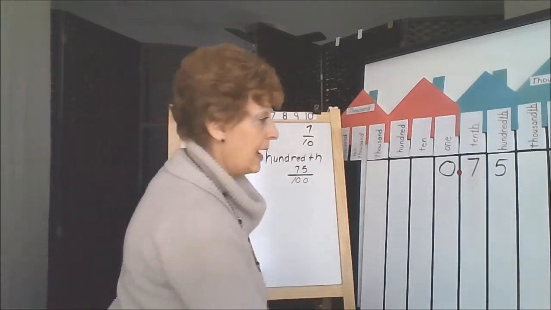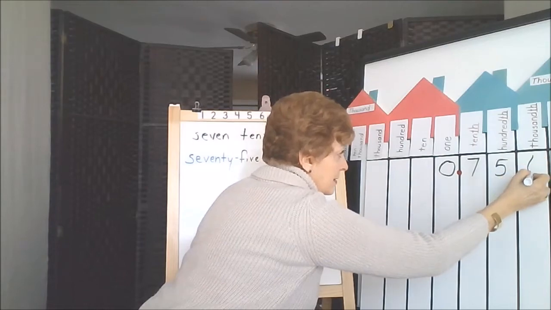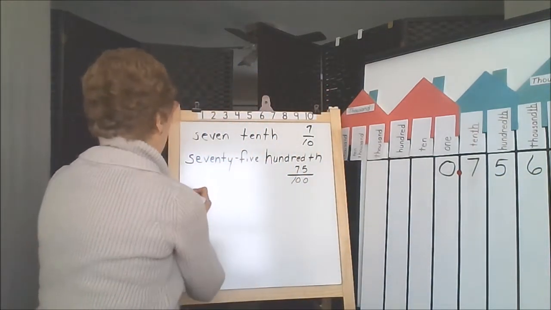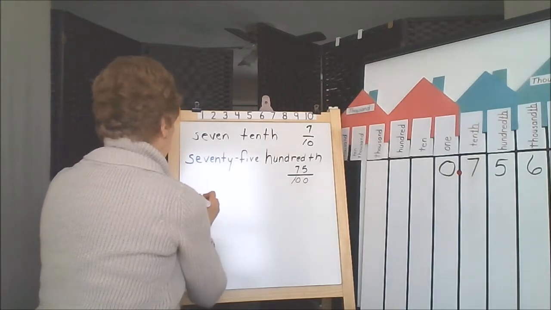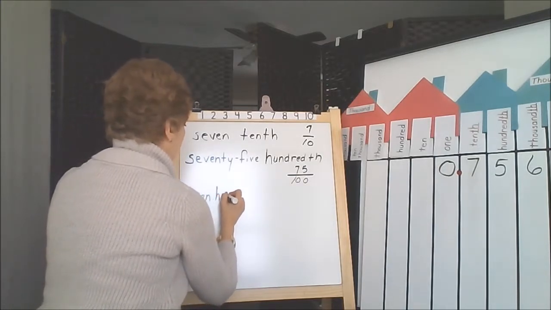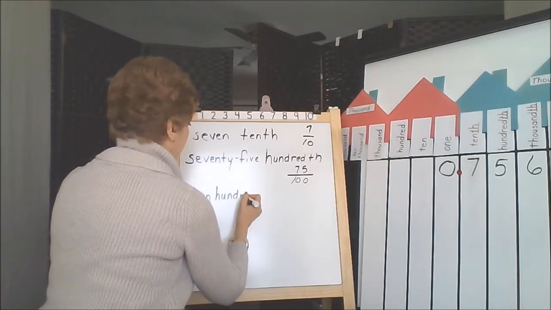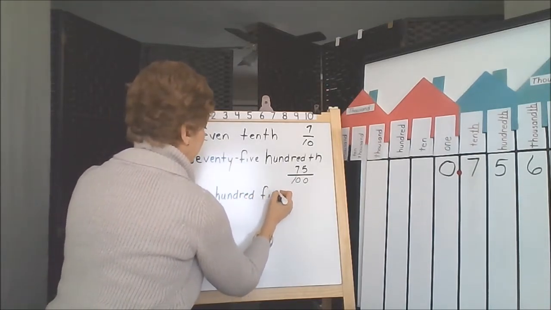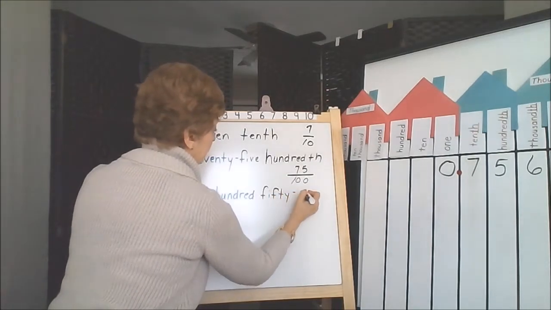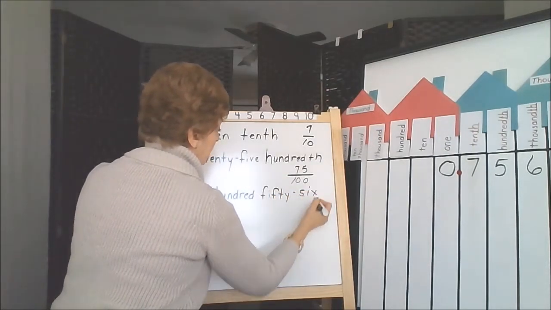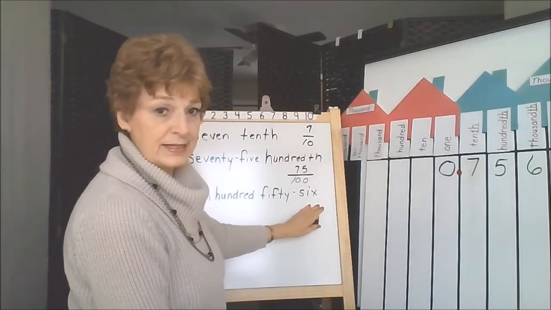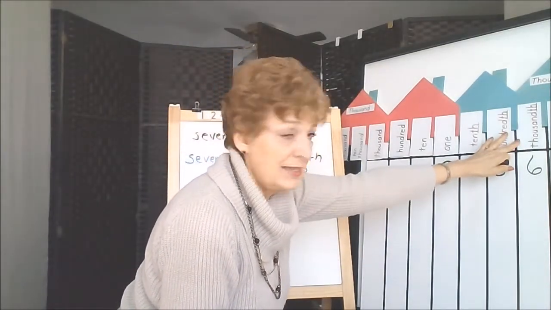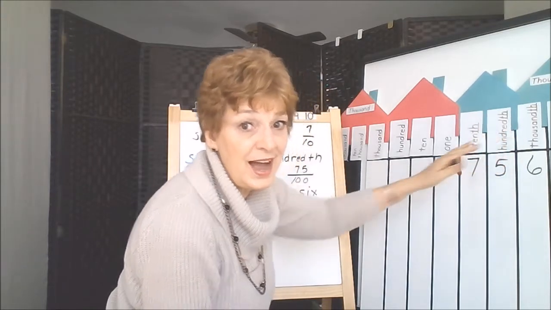All right, let's add a 6 to this. Now we would write 0.756. I'm going to look to see what column the very last numeral, the 6, is in, and that's in the thousandths column.